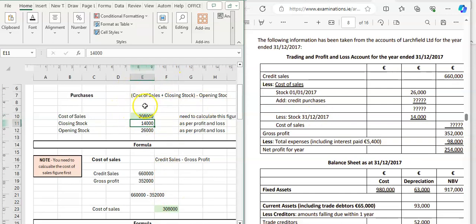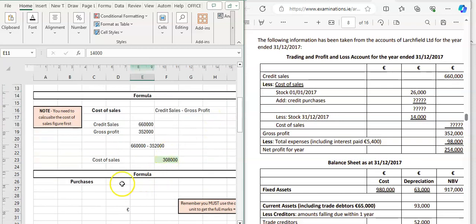Now we put brackets around cost of sales and closing stock because you do adding first. So you need to find these two figures added together, and then that figure is taken away from our opening stock.